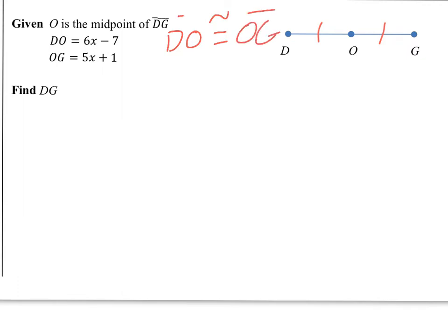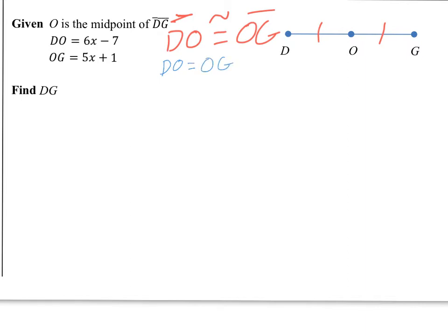Okay, so we've got that those segments are congruent. Well, if the segments are congruent, that means that the measures, the lengths, are also the same. So we could say that the length of DO is equal to the length of OG.